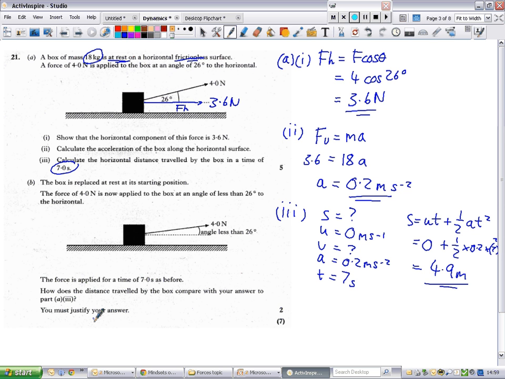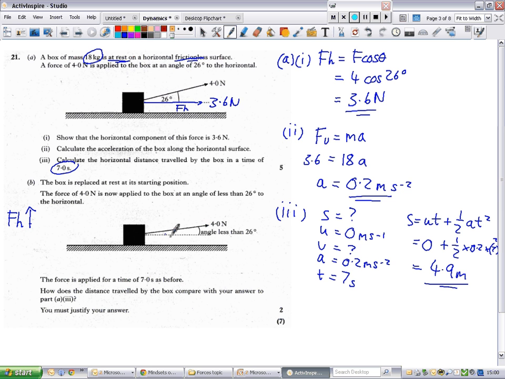You could calculate it out. You could put a value in up here of less than 26 and then work it through. That's going to take you a wee bit of time though. What you can do is think about it. If you've got less of an angle here, then it's actually going to increase your horizontal force. So you get a larger value of horizontal force.